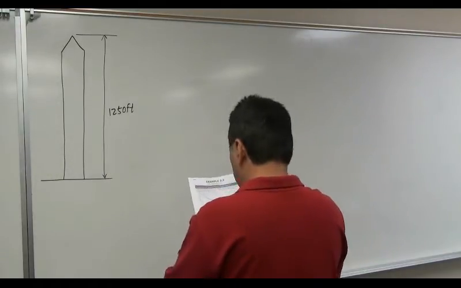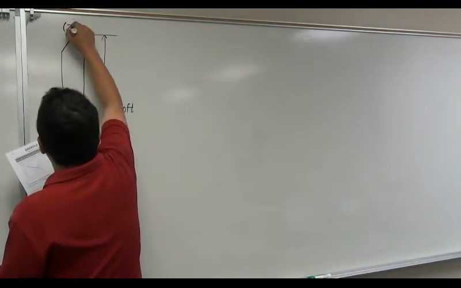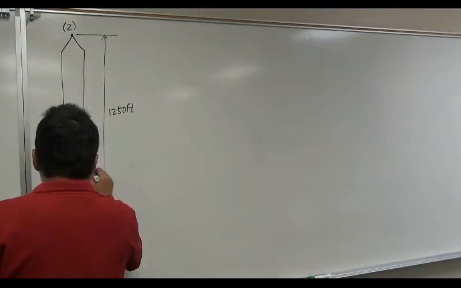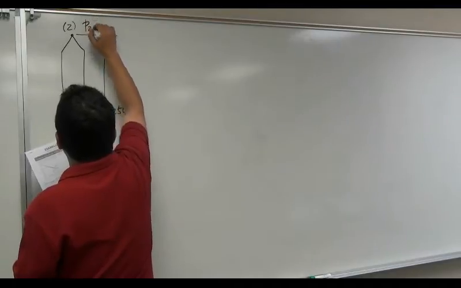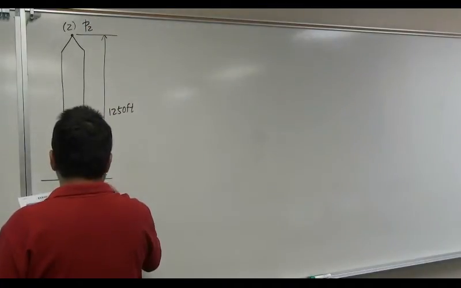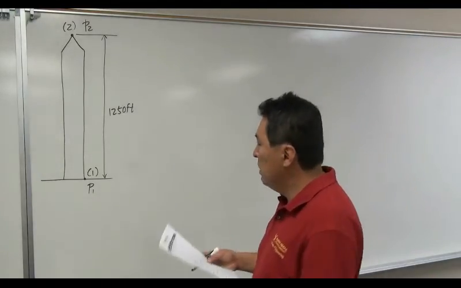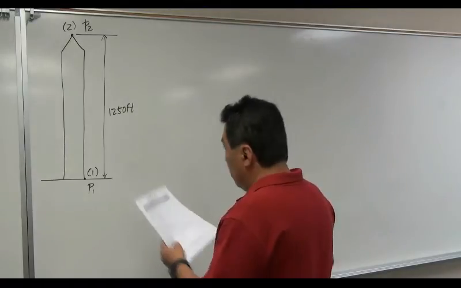Okay. This is location 2, right here on top of the building. Root of the building, location 1. So at location 2, pressure is P2. Location 1, pressure is P1. So we are going to determine the ratio between pressure P2 and P1 under two assumptions.